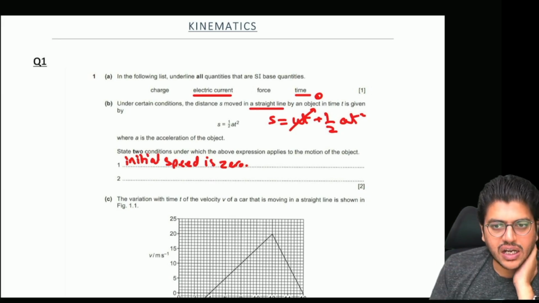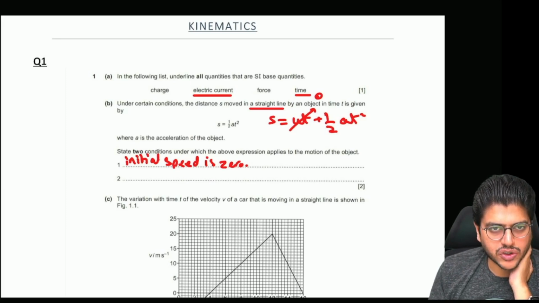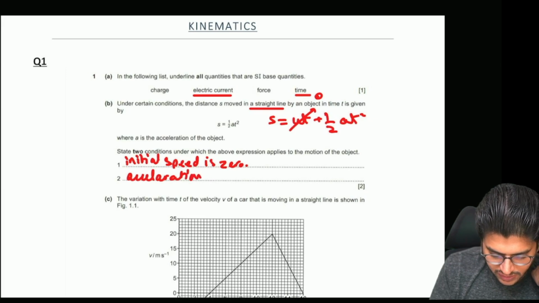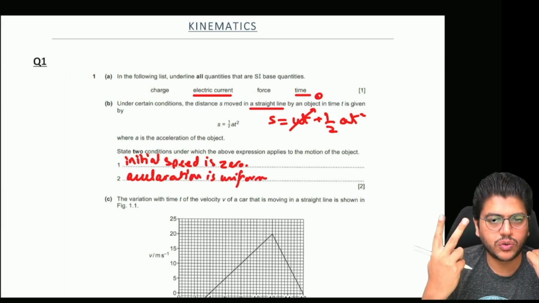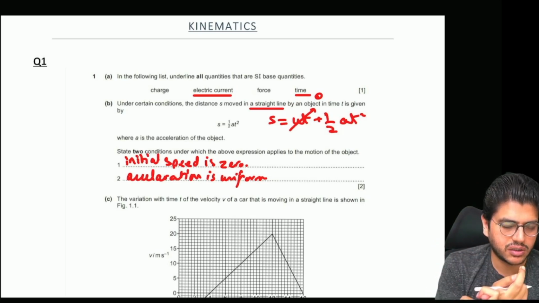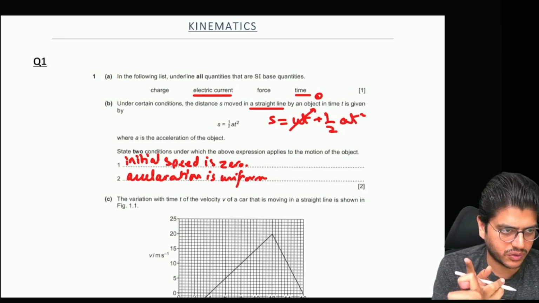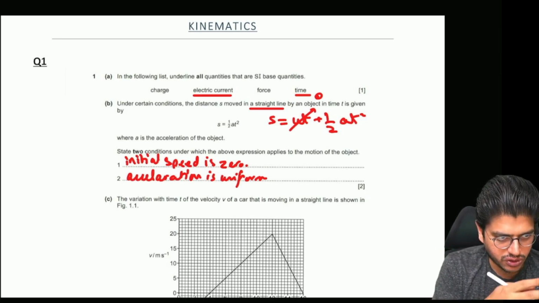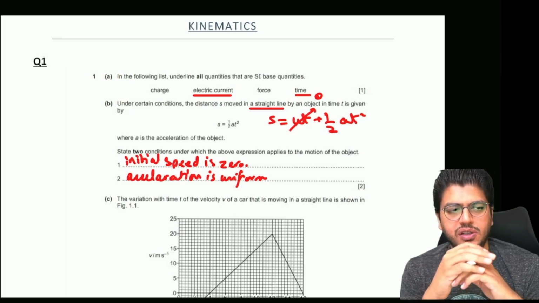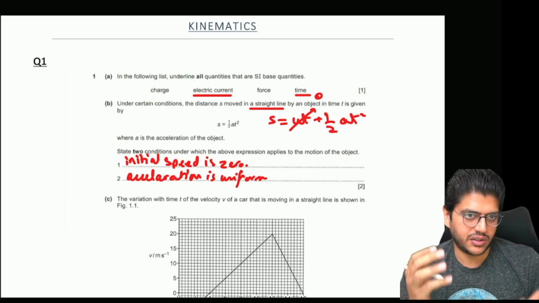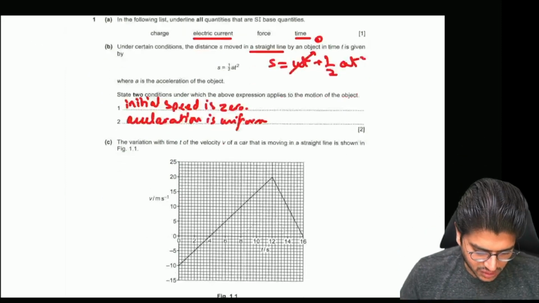So the other condition for the equation of motion is that your acceleration is constant or uniform. So there are two primary conditions. Number one, it should be straight line motion or linear motion. Second, acceleration should be constant or uniform. And the third, which I wrote, which is the initial speed is 0, comes from looking at the equation, because you can't see ut, so you can assume that the initial speed is 0.